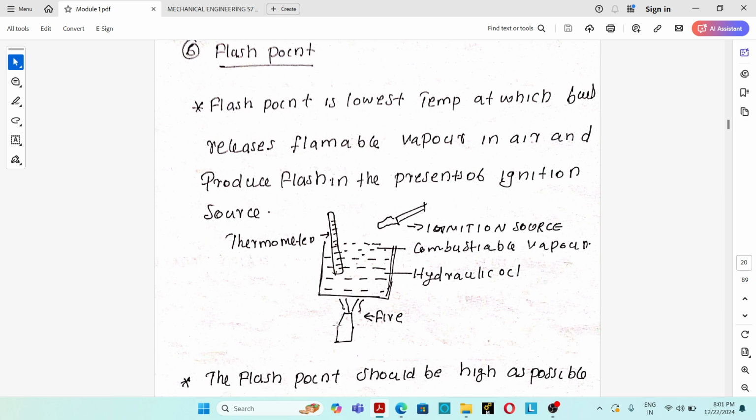A thermometer is dipped here. When the hydraulic oil is heating, it will get vaporized. At the same time, there is an ignition source. The lowest temperature at which the fuel releases flammable vapor in air and produces a flash in the presence of an ignition source is known as the flash point.